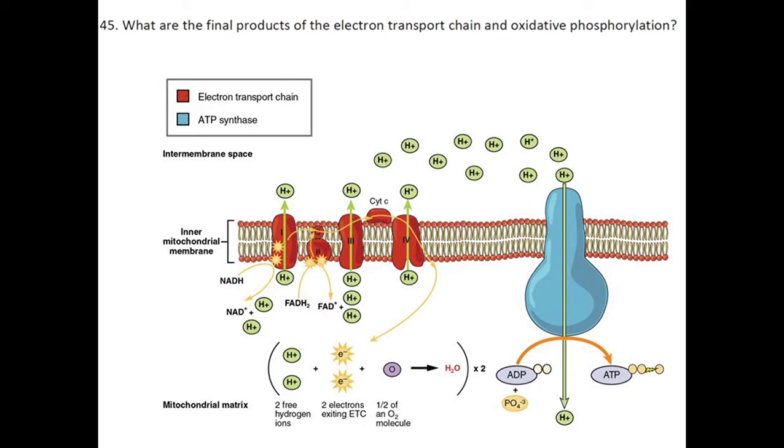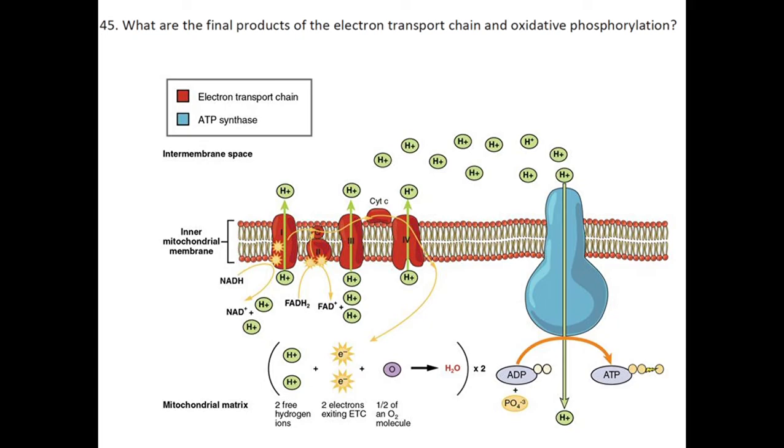So let's look at H+. We have talked about electrons, and then let's talk about H+. H+ will be pumped from one side of the membrane to the other side. As you learned from biology, mitochondria has two membranes, the inner membrane and the outer membrane.